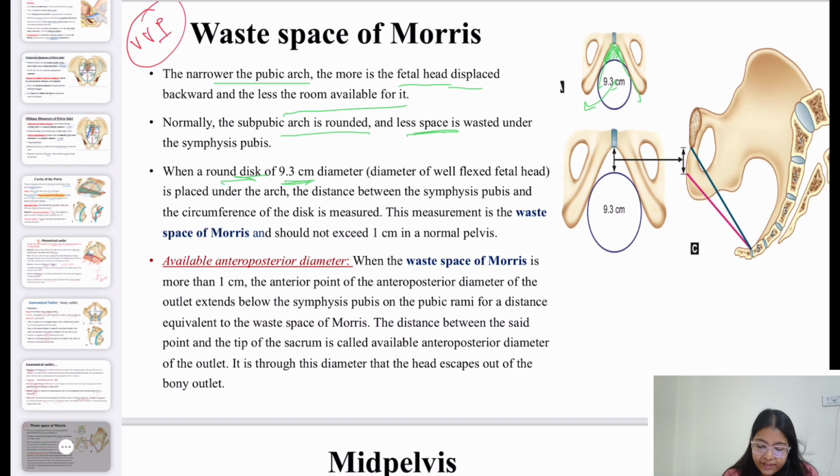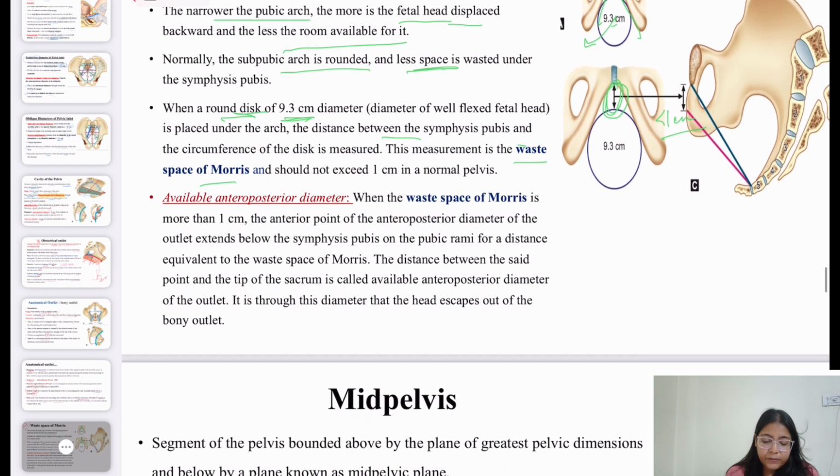And when you place this below the pubic arch, the distance between the pubic symphysis and the circumference of the disc, that is this distance, is normally not exceeding 1 centimeter. Okay, this distance is less than 1 centimeter, and this measurement is the waste space of Morris, and this should not exceed more than 1 centimeter.